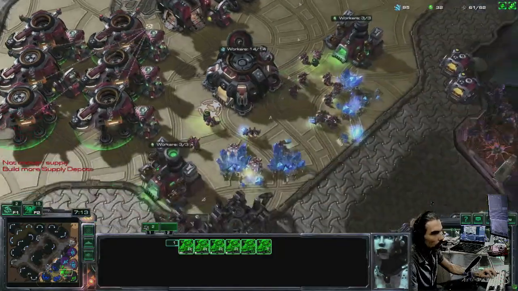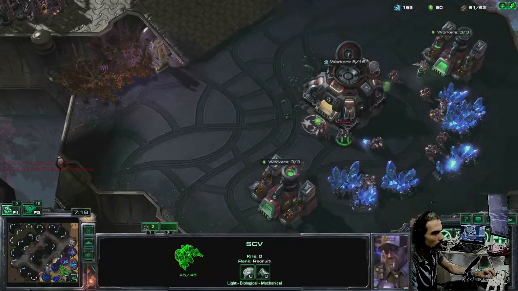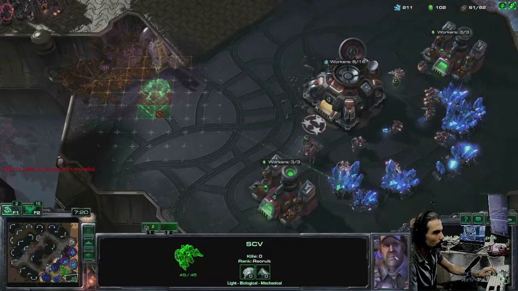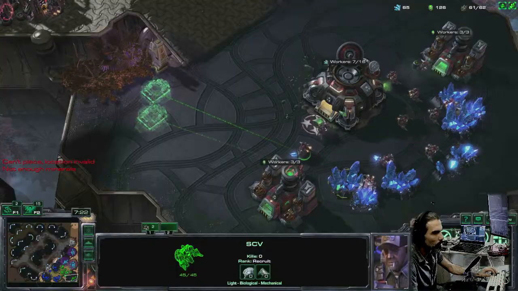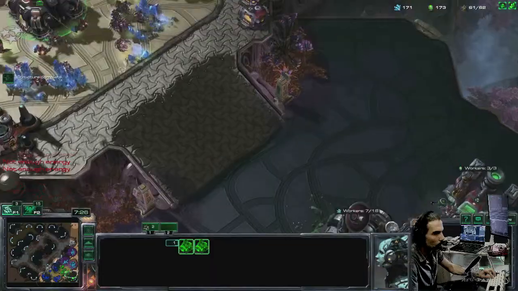Additional supply depots required. Bad news? Go ahead. Can't build here. Not enough minerals. Not enough energy.